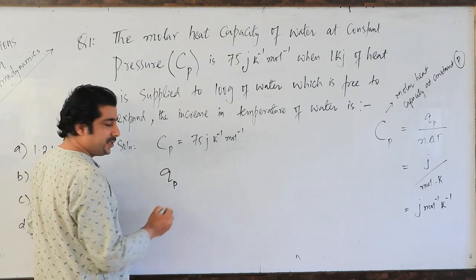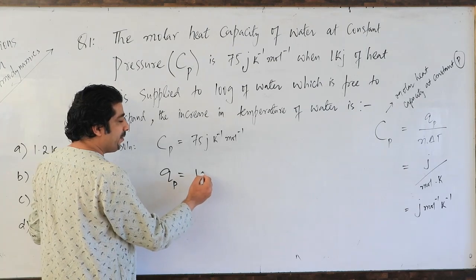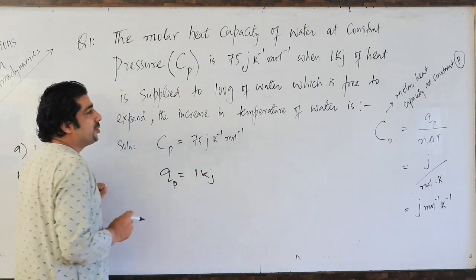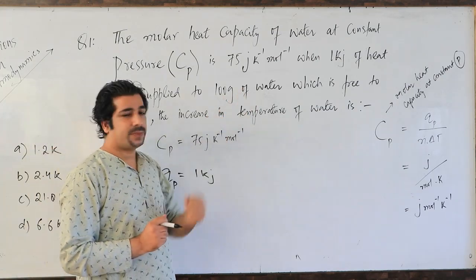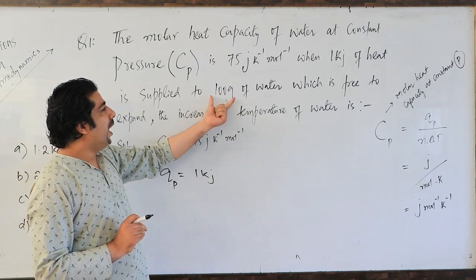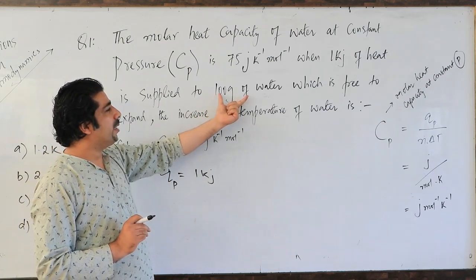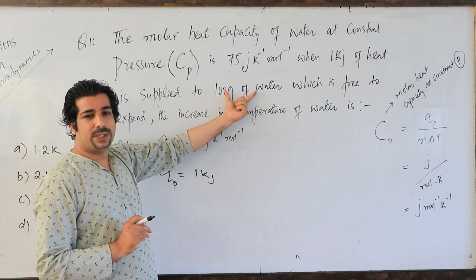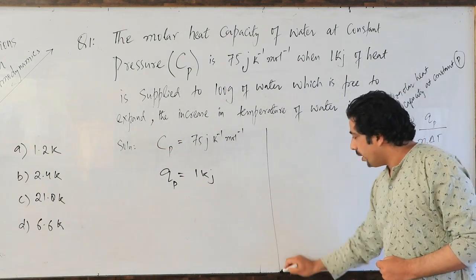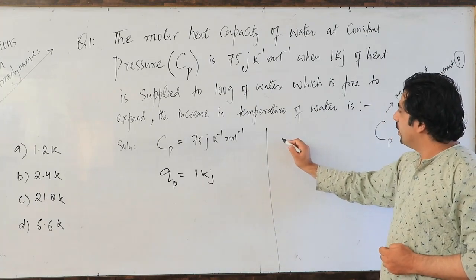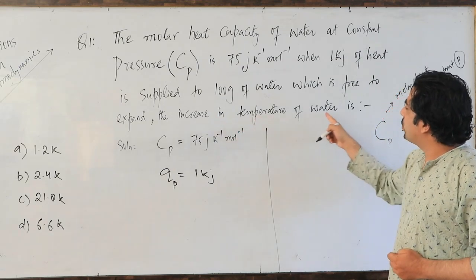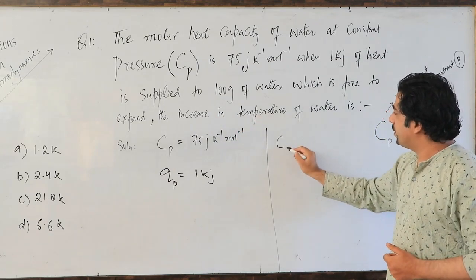We know about that. So 1 kilojoule of heat is supplied to the 100 grams of water. Correct? Now try to understand, my dear friends. I want to convert this 100 grams of water into number of moles, because you know the expression here. Everybody is aware that if I want to calculate the increase in temperature of water, let me write down one expression first.